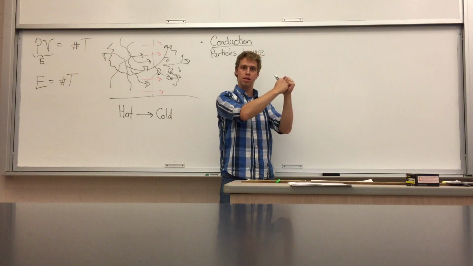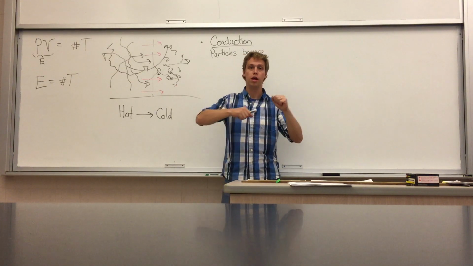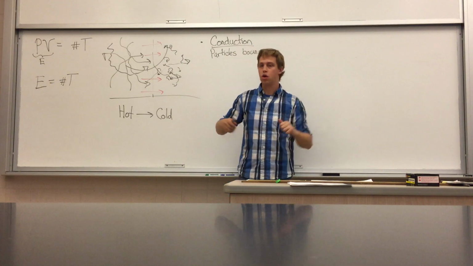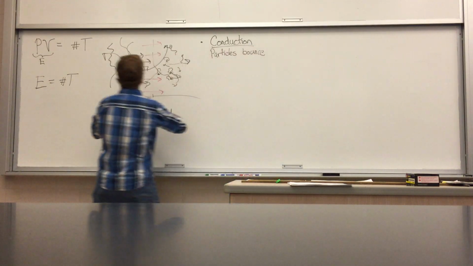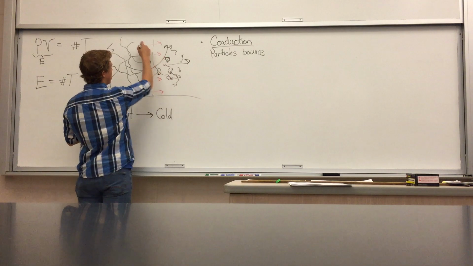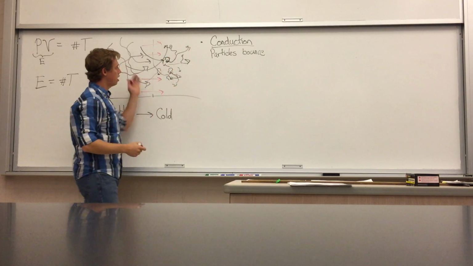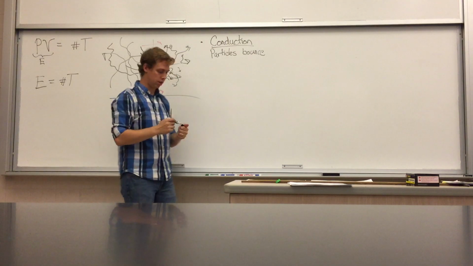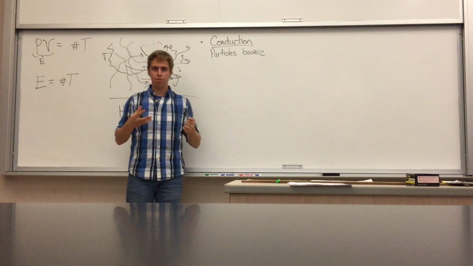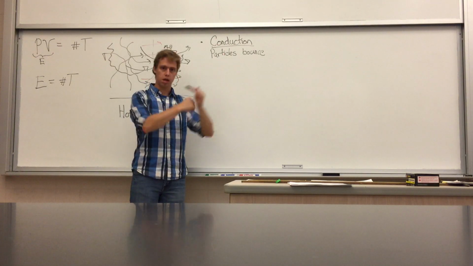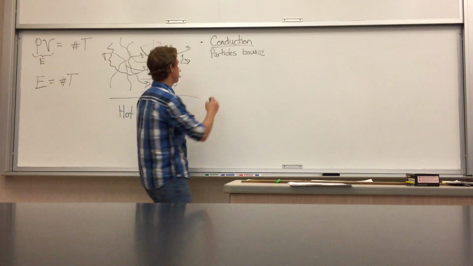And when it hits the ones with lower energy, that sends them off and gives them a higher energy. And so microscopically, that's what's happening. Let's say this little guy and this one comes in, hits it, and it bounces and goes off with a much higher energy. So our simplistic picture of this is that conduction means the particles are bouncing and colliding, and that's how they're transferring energy.